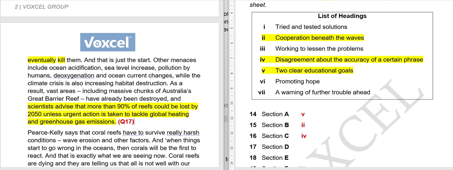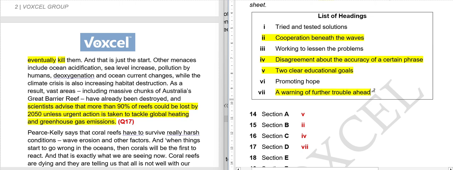Okay, now I'm gonna write the answer here. If you are not able to arrive at the correct answer, don't worry, I'm gonna tell you. The correct answer is option number 7, a warning of the troubles ahead. Why is it the answer? Because they are saying about 2050.